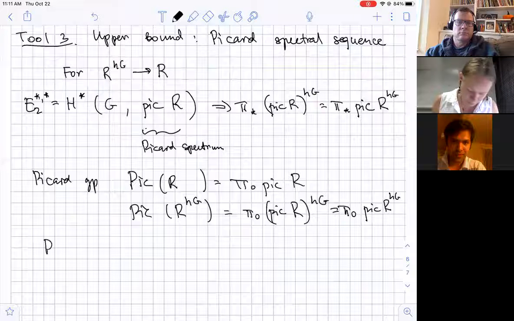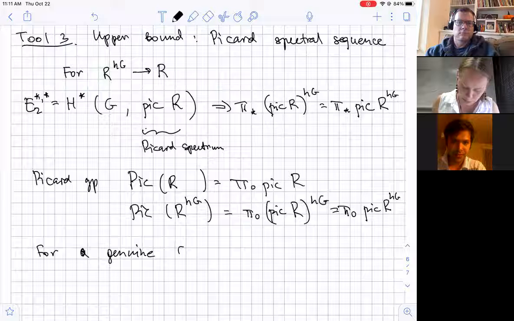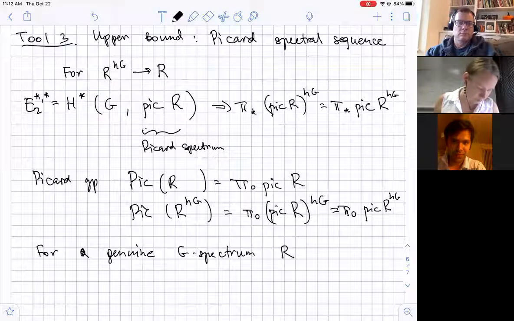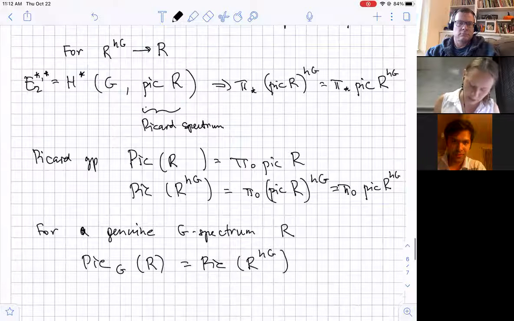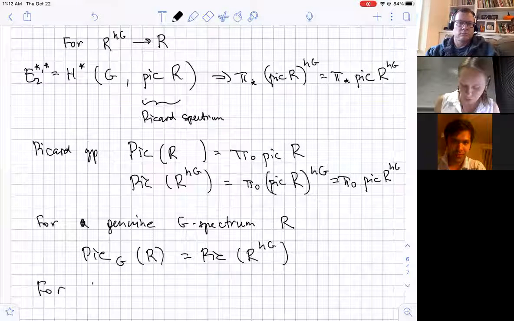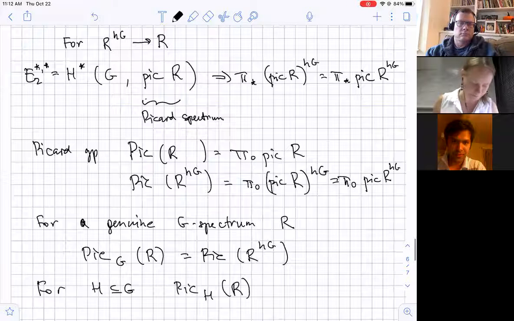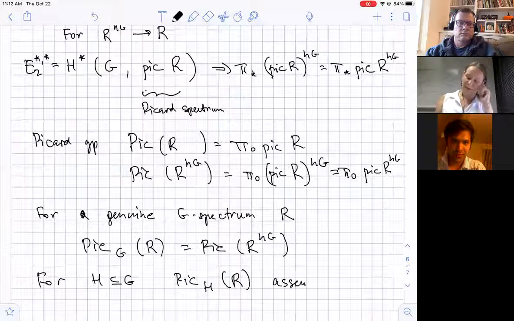So for genuine G, let's say Pic G of R is Pic of R^hG, and for subgroups H in G, Pic H assembles into a Mackey functor.